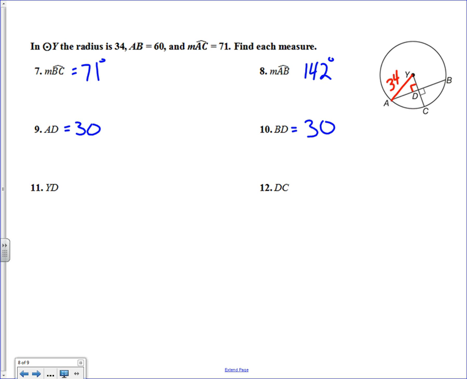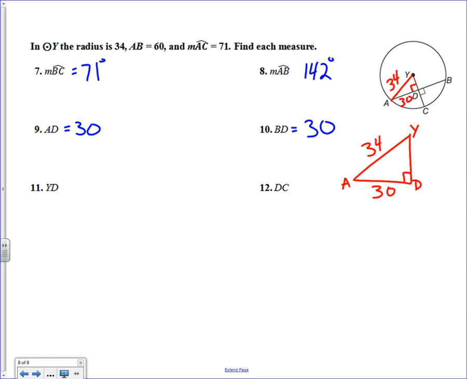It's not the radius they gave us, but it is still a radius. And AD, we already said, was 30. Well, interestingly enough, we have a right triangle. This is ADY, just pulling it out of our diagram. AD is 30, AY is 34. Well, all of us should be able to find what YD is now, right?